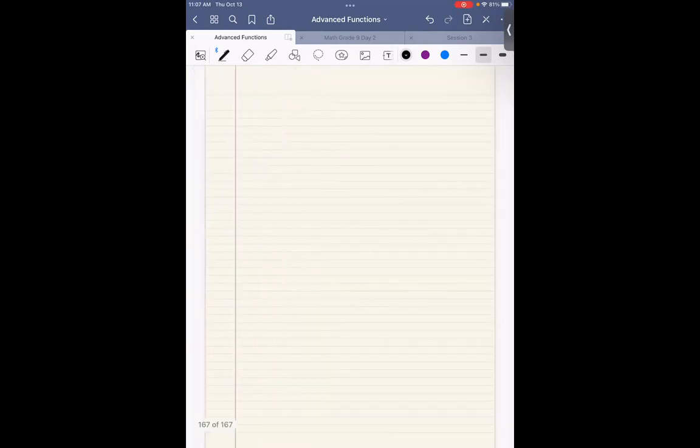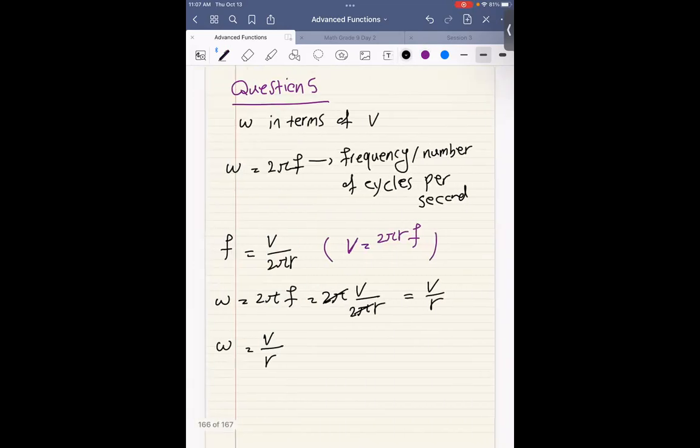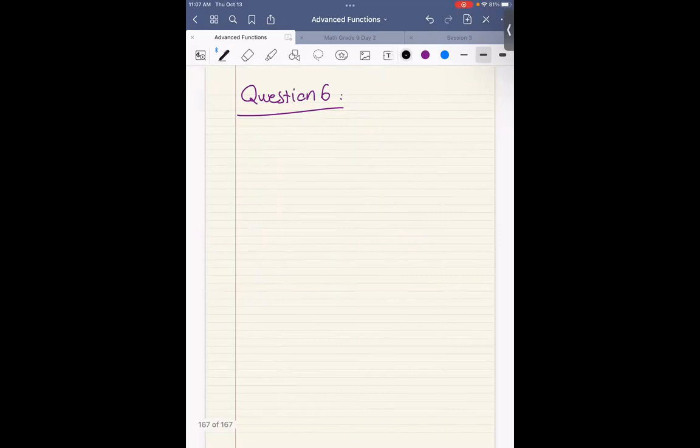So what is question 6? A car travels at a constant speed of 150 kilometers per hour around a circular track of radius 300. So the speed of the car is the linear speed, v, equal to 150 kilometers per hour.